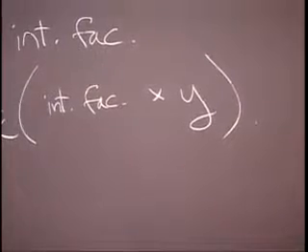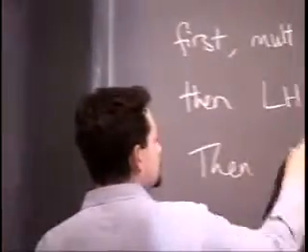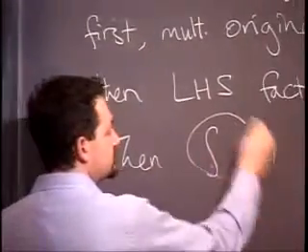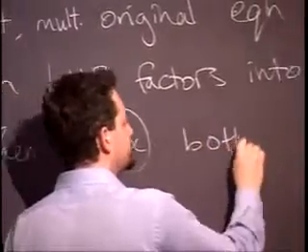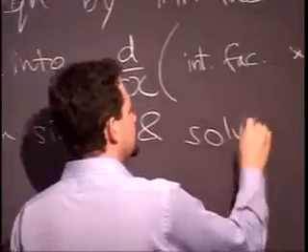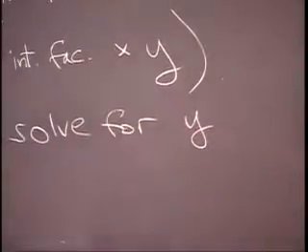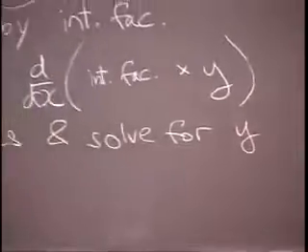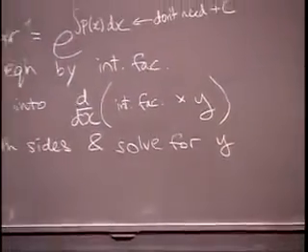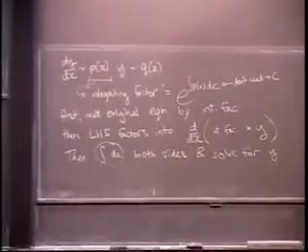And from then, it's fairly straightforward. Then just integrate both sides and solve for y. You have to divide by the integrating factor to do that. Okay, I haven't said why this works, but at least this should give us some insight into how I knew to do what I did before.